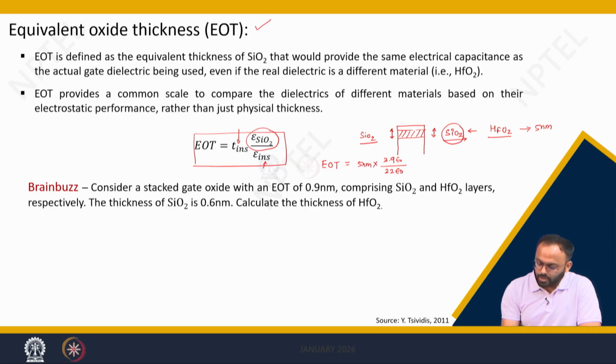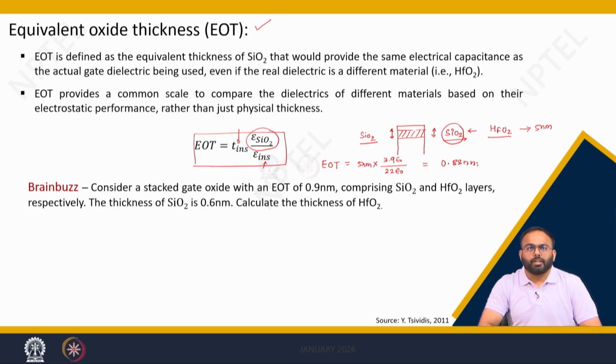When we solve this, we will get 0.88 nanometer. This is the actual meaning of effective oxide thickness. You have grown HfO2 of 5 nanometer, so the physical thickness is 5 nanometer, but the equivalent thickness which silicon is actually experiencing is 0.88 nanometer.